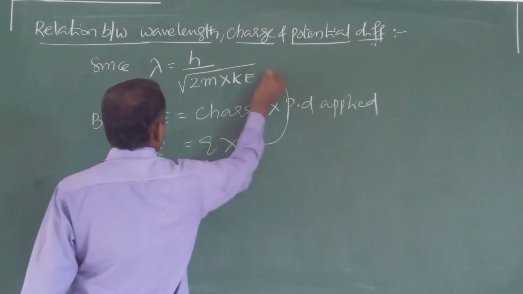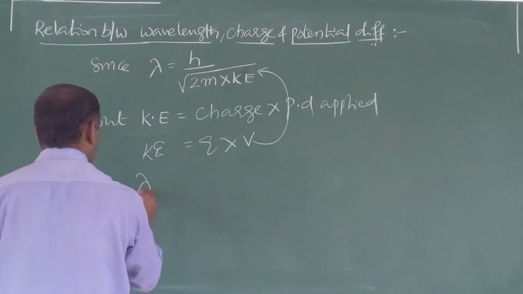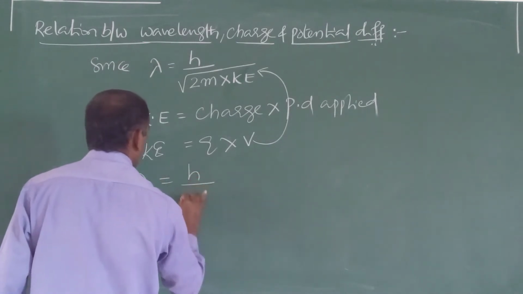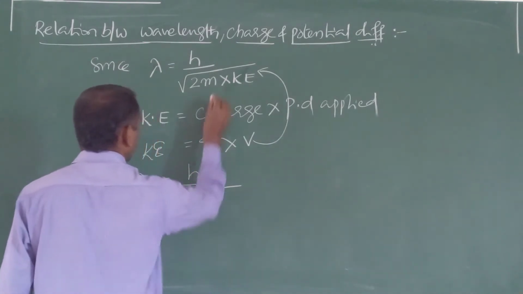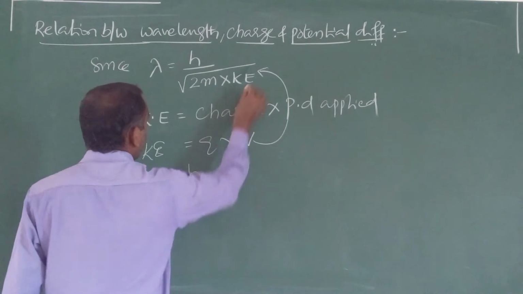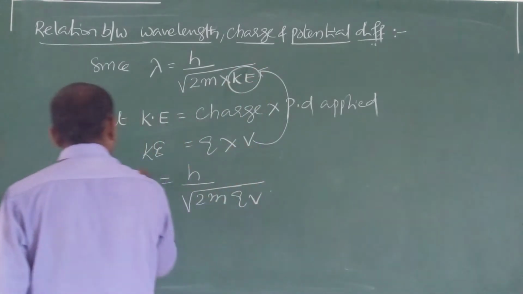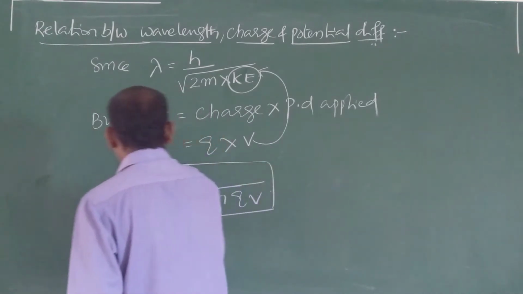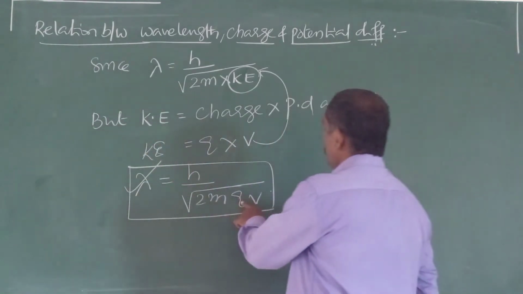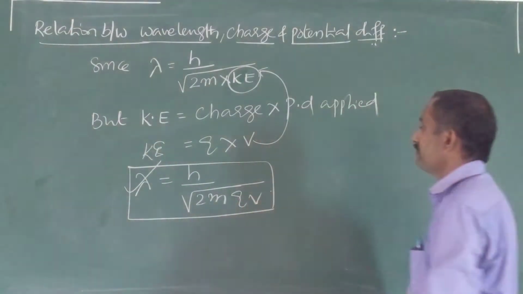Substituting it, you will get lambda equals h by square root of 2mQV. In place of kinetic energy, I have substituted QV. So this is the relation between wavelength, charge and potential difference applied.